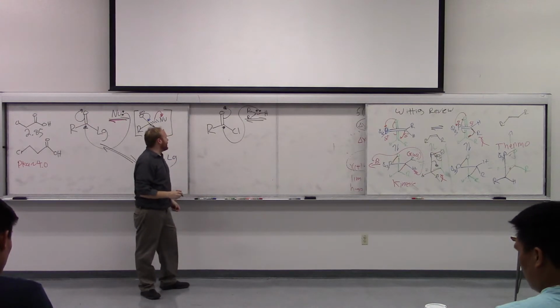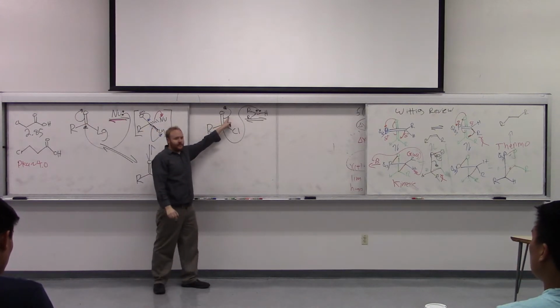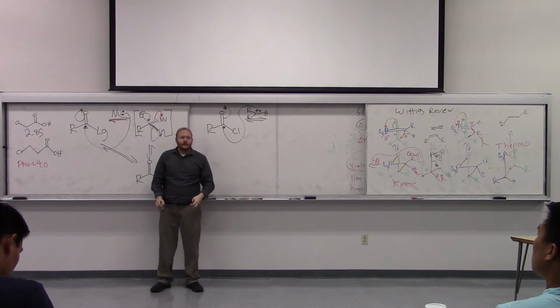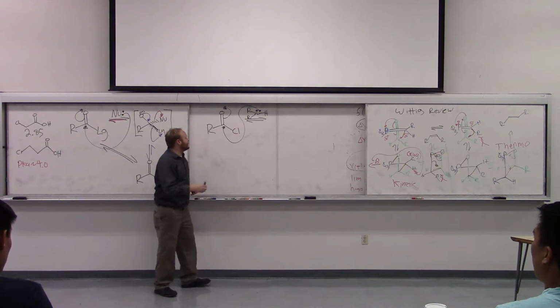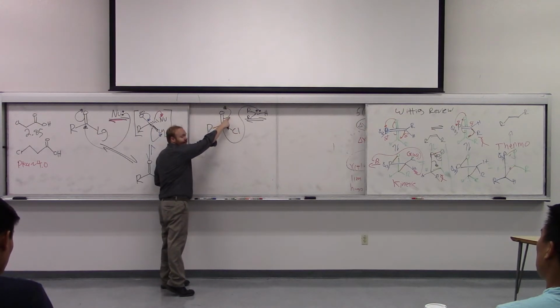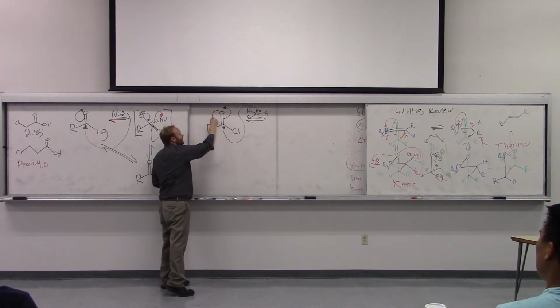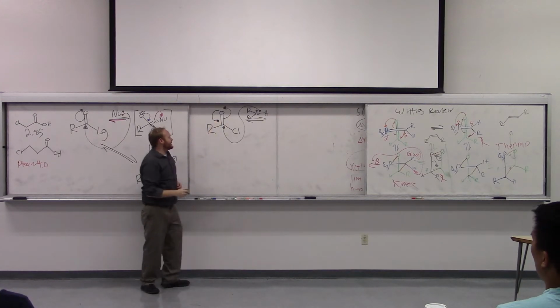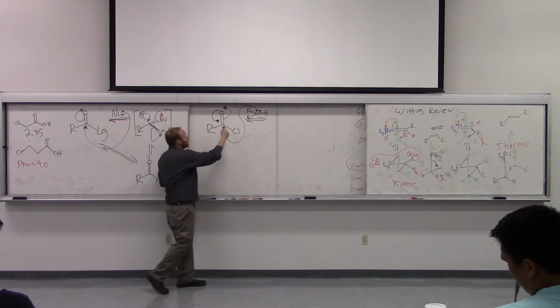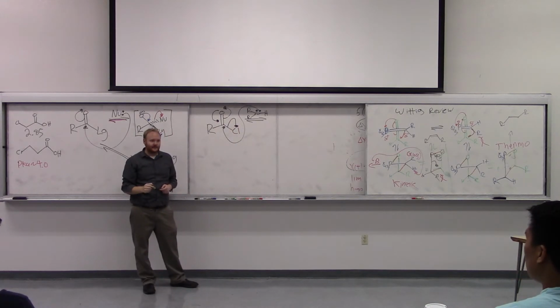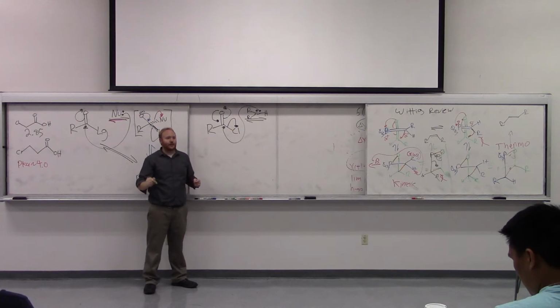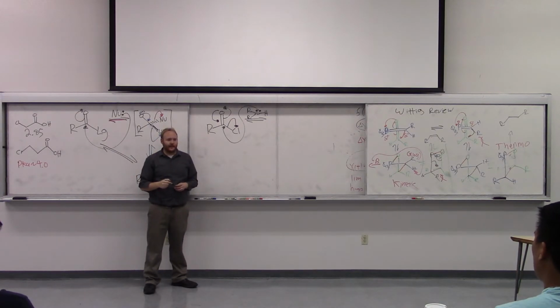Give us our tetrahedral intermediate, which is given by this arrow. But chemists don't draw the tetrahedral intermediate all the time. What they do is they draw the first arrow designating the tetrahedral intermediate, and then they draw the second arrow, and then they kick out the leaving group.